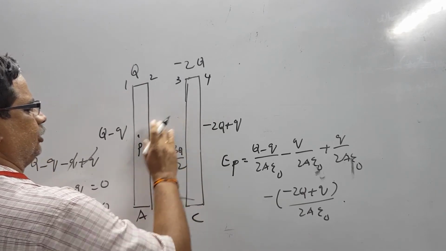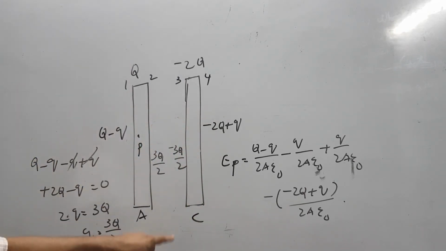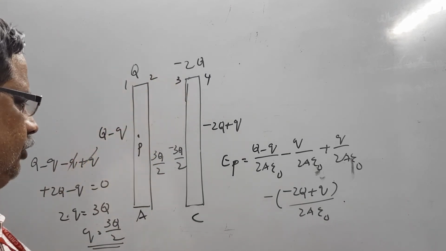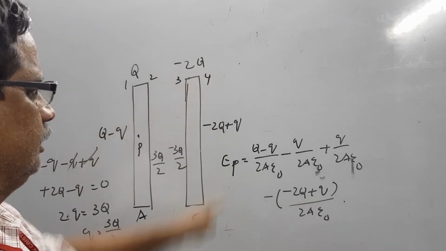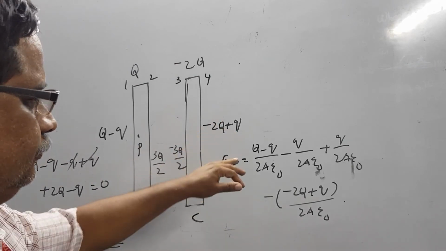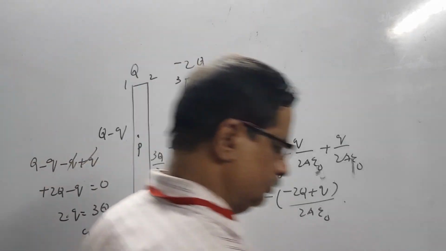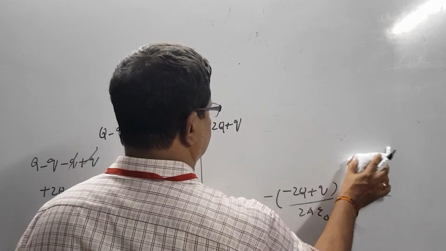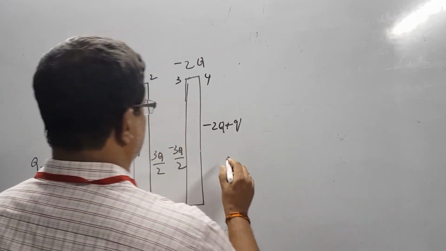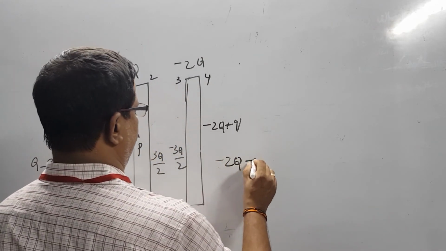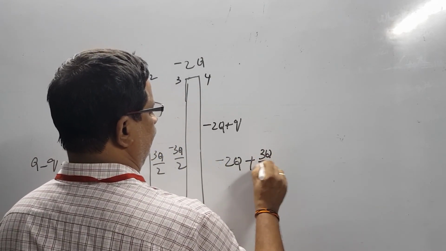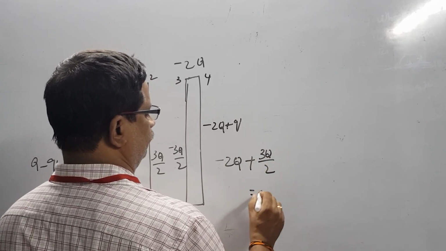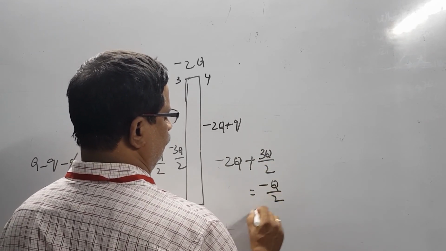So I have replaced the q's with the charges which will appear on the sides 2 and 3. Now what about the charge appearing on side 4? That is what is to be found out in the problem. For that we will write it as minus 2q plus 3q by 2, which is equal to minus q by 2.